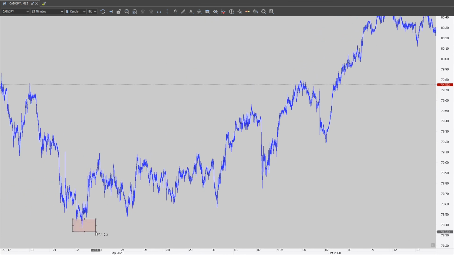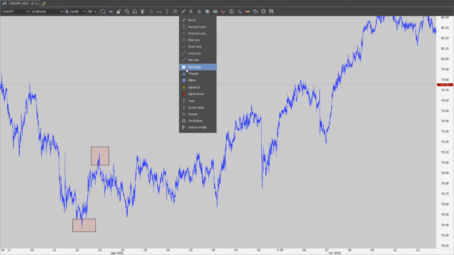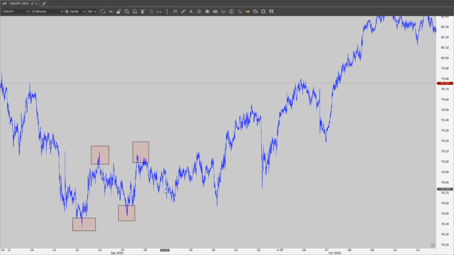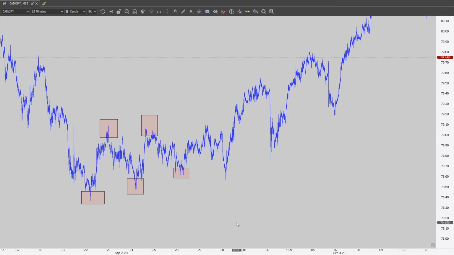Well, relevant low, relevant high, relevant low, relevant high, relevant low, or is it? Is this a relevant low, everybody? Or is this one a relevant low? Why? Well, this makes all the difference.